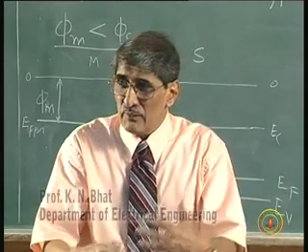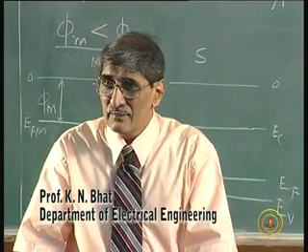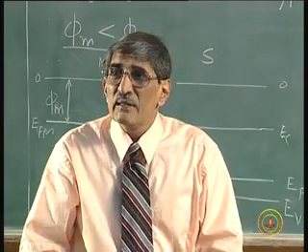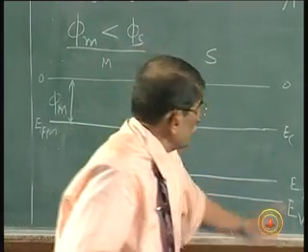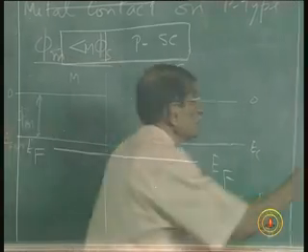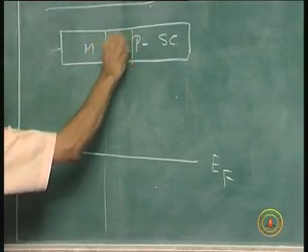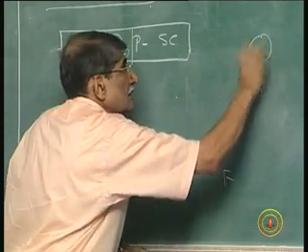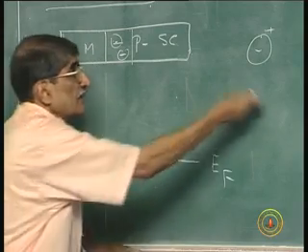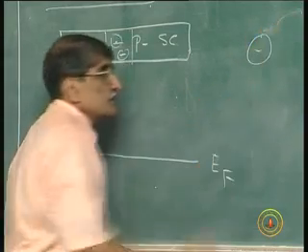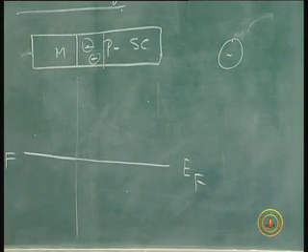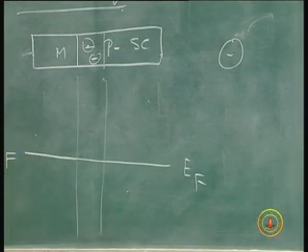So, whatever holes are there are removed, the portion becomes negatively charged, and you get a depletion layer of negative charges.